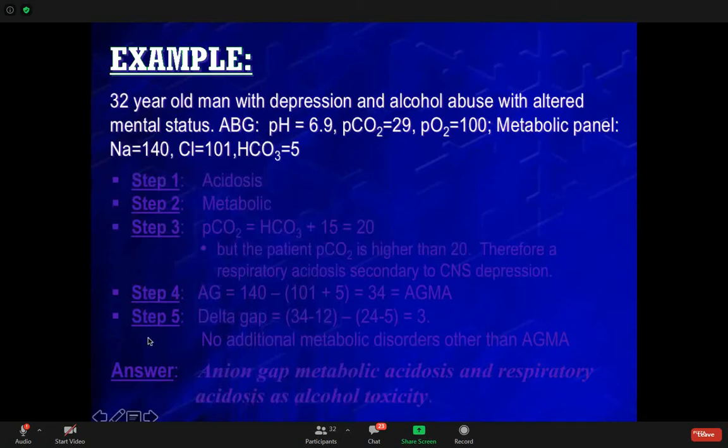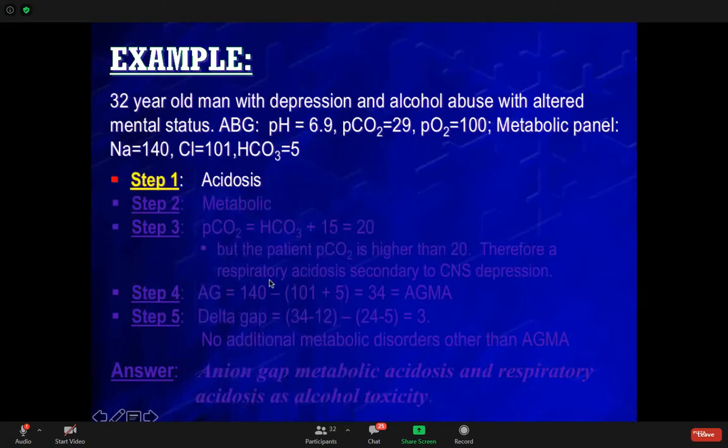So what's our first step? We're going to ask, is this what? Exactly. So the pH, is this acidosis or alkalosis? It's less than 7.4, so it's acidosis. So our next question, step 2, is: is this respiratory or metabolic? We look at the pH and the PCO2, and they go in the same direction.